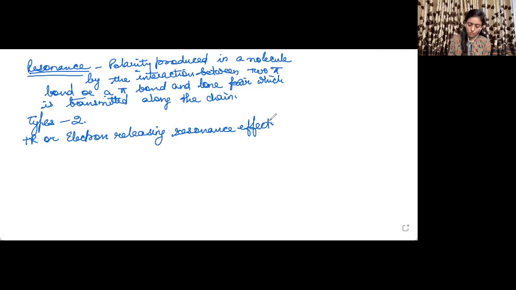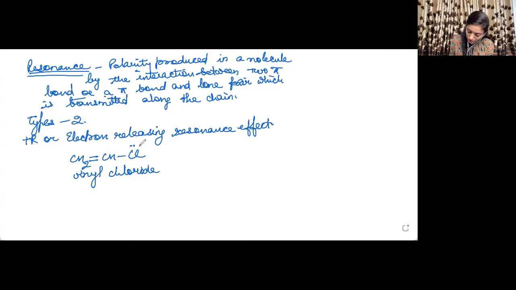Electron releasing resonance effect. If the group attached to the conjugated system can release the electrons towards the conjugated system, then it is said to have plus R effect. It should have a tendency to release the electrons towards the conjugated system. For example, if we take this molecule, this is vinyl chloride.